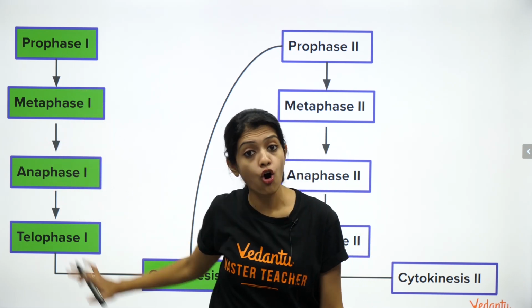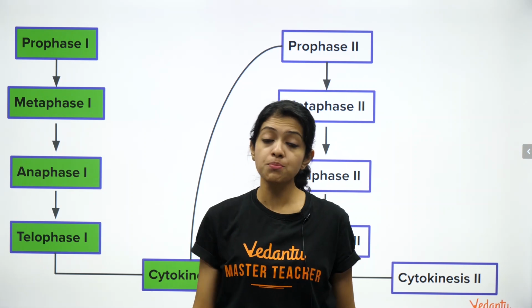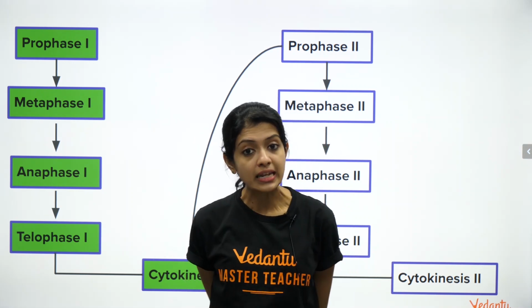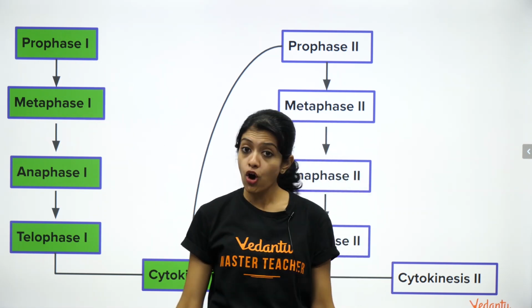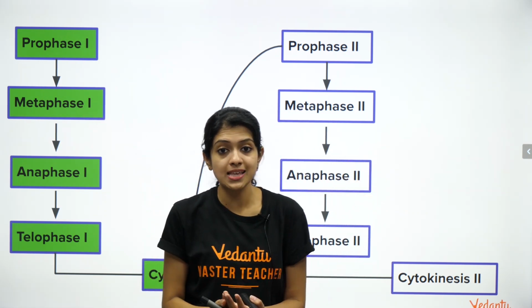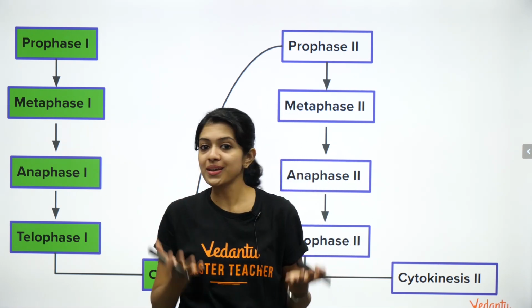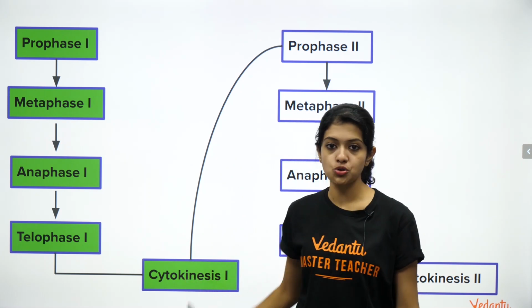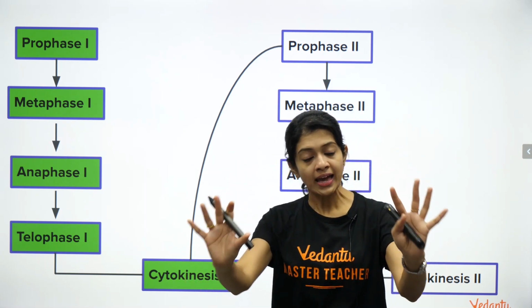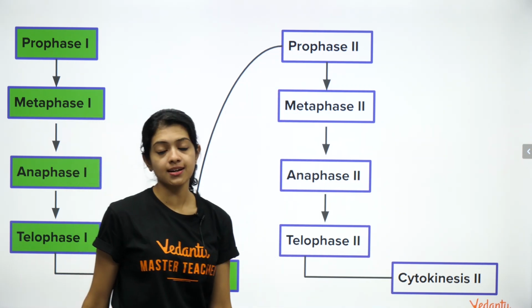In all these stages, what was the most eventful or most interesting stage that we learned today? I must say it is prophase 1, because a special process happened there called crossing over, which resulted in recombinant chromosomes.